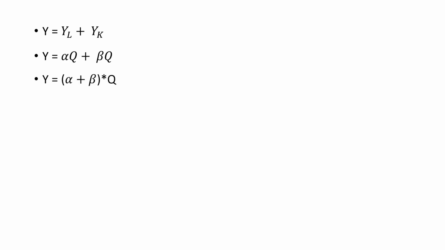Now, if we take Q as common, it gives us a new equation, Y is equal to alpha plus beta into Q. If alpha plus beta is equal to 1 in the given Cobb-Douglas production function, that is, if the Cobb-Douglas production function is homogeneous of first degree or degree 1, then Y is equal to Q.